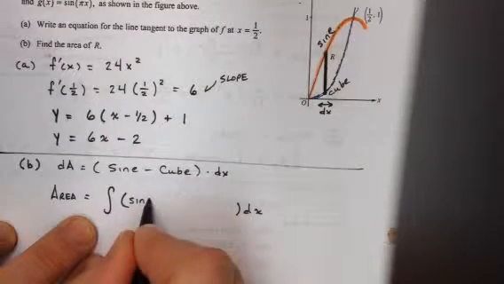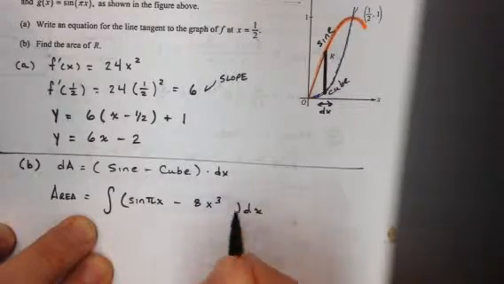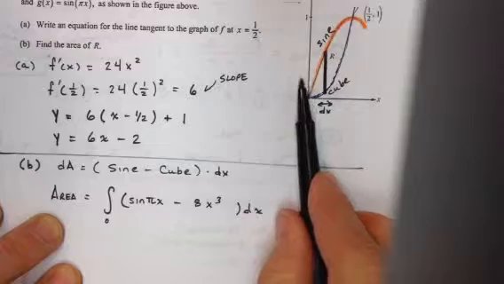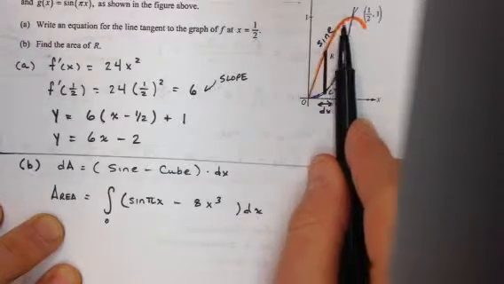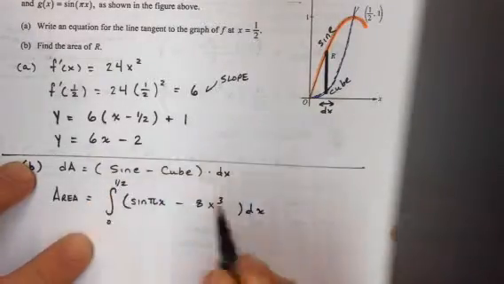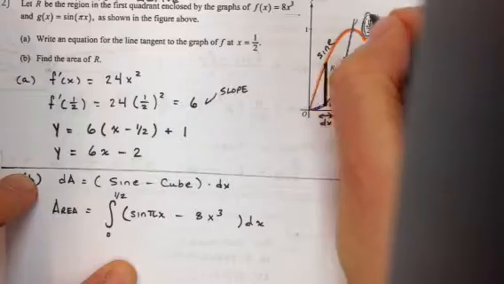I'm now going to put in the sine of pi x minus 8x cubed, evaluated from 0 to right there, the x value is 1/2. Again, because everything is in terms of x, I'm going to use the x value of the point.